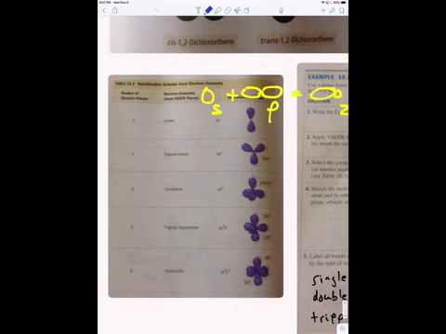I didn't put the trigonal. If it's tetrahedral, do we have to associate that with the other given? Not necessarily.